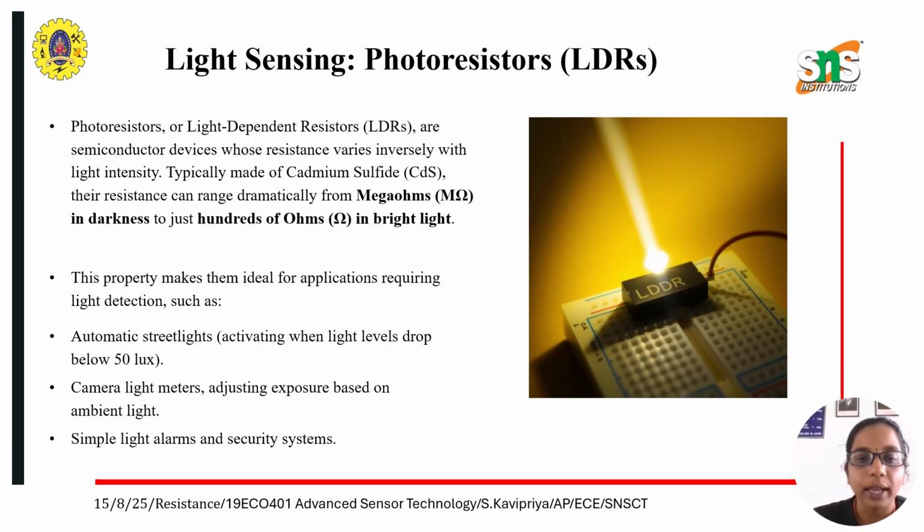Next is light sensing with the photodetector LDR, the light dependent resistor. A light dependent resistor, or photoresistor, has a resistance that varies inversely with the light intensity. Whenever there is high light intensity, the resistance value is very low, and if there is low light intensity, the resistance value is very high.